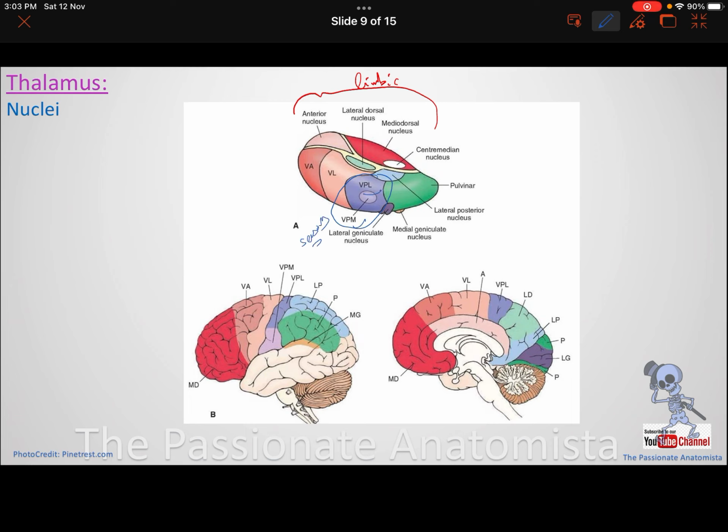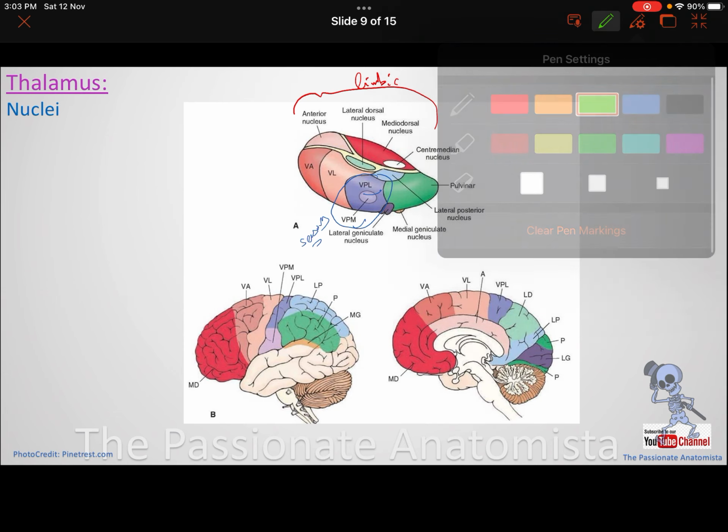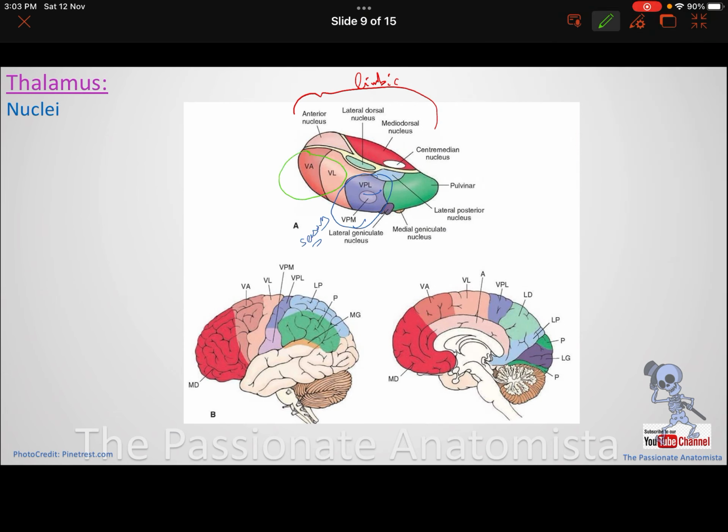VPL was the body, VPM the face. Remember that the VA and VL were our consultants. These take information from the cerebellum. This is the relay station between the cortex and the cerebellum, and the VA, basal nuclei and the cortex. Because everything needs to go to the thalamus before we process it in the cortex.